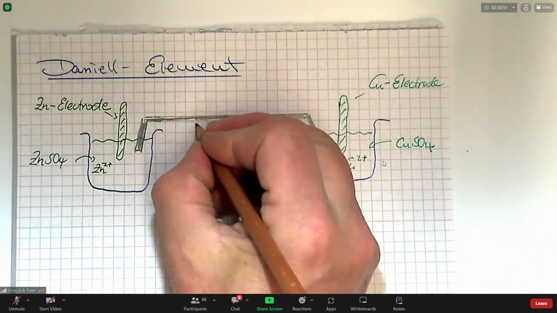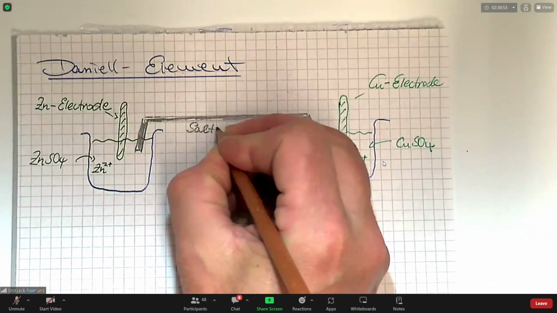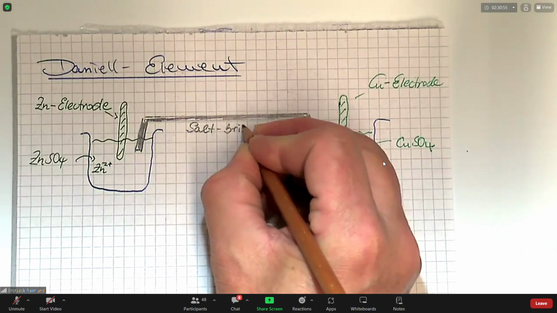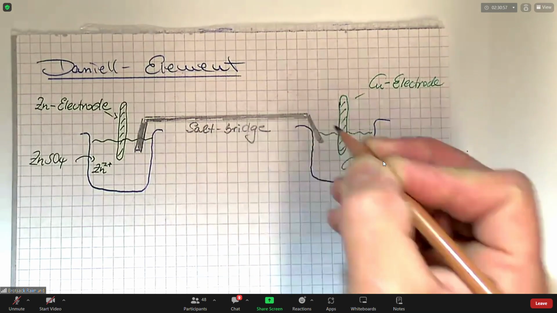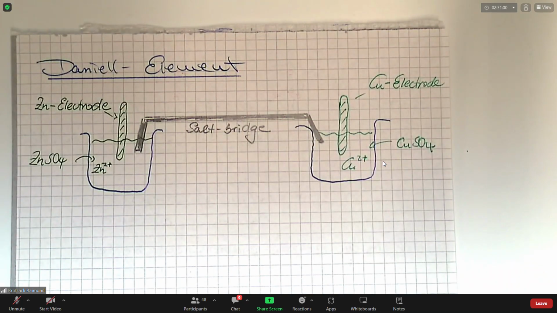This is our salt bridge. This is needed to create a circle for the flow of charges.